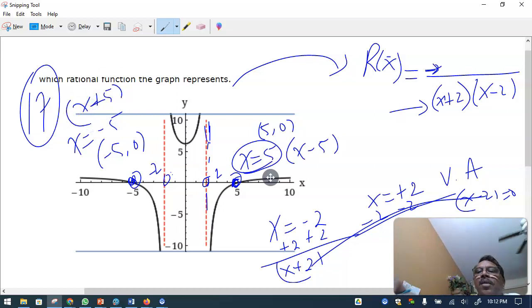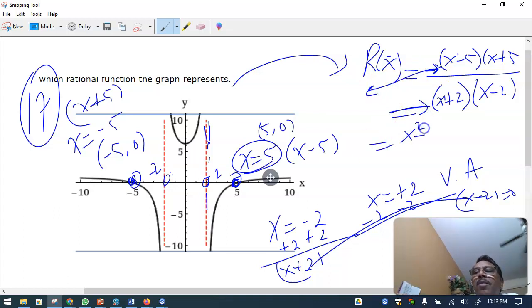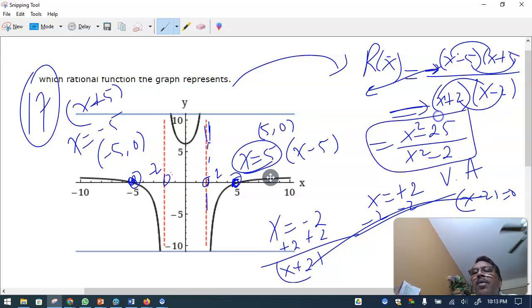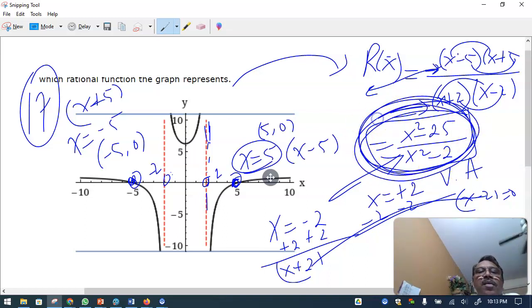So these are the ones you put up here, x minus 5 and x plus 5. And clearly you can use the difference of squares formula. The numerator becomes x squared minus 25, because x times x is x squared, 5 times 5 is 25. In the denominator, x times x is x squared, and 2 times 2 is 4. So you get the rational function. That's all they're asking, whether you can create a rational function by knowing this.